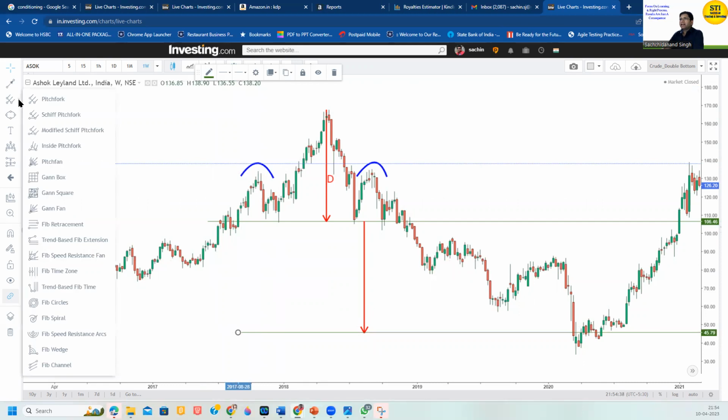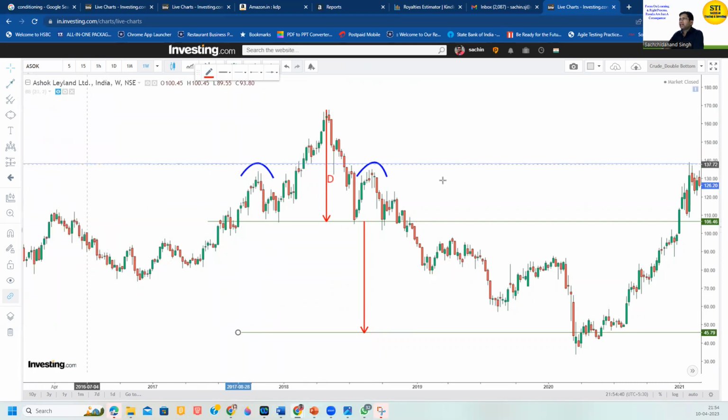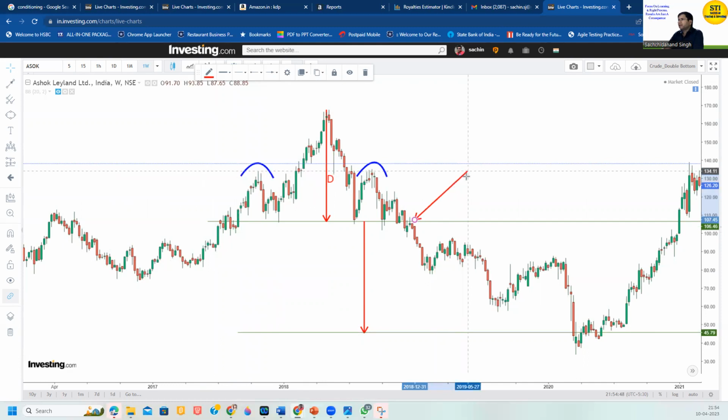And the ideal entry point, as I was mentioning earlier, is when it breaks the neckline, and we need to wait for the confirmation.